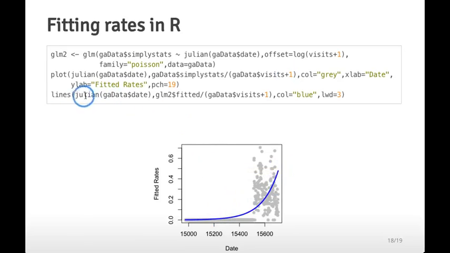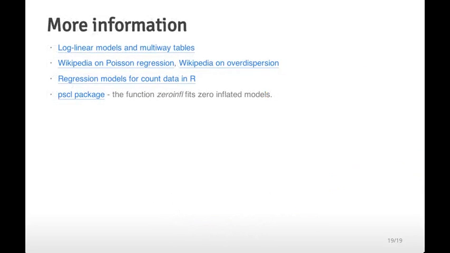And so now I can plot the fitted values that I get from the Poisson regression, which are actually fitting the counts of the total number of Simply Statistics hits. I can just divide it by the total number of visits, and I get a smooth curve like this that travels through the middle of the data. So you can see that there's an increasing number of visits to my site that come from Simply Statistics as time goes on.